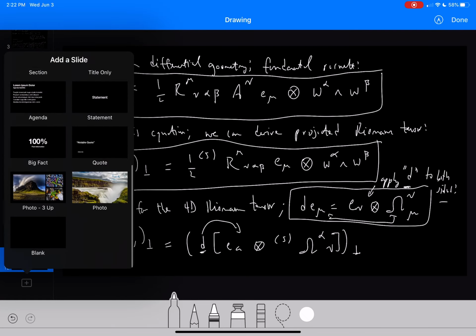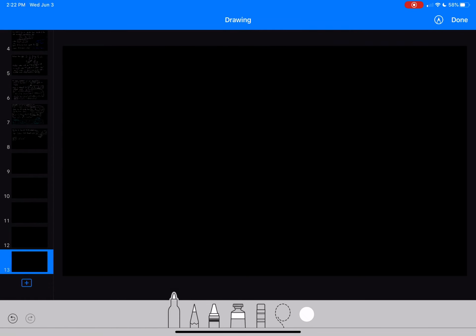So if you do that, following through on the calculation, this is equal to the exterior derivative of the basis vector tensor product. So it's just a product rule, right? It's very interesting that it's just the standard product rule from calculus that you know of, that you just use again and again, but we're using it in a different context.